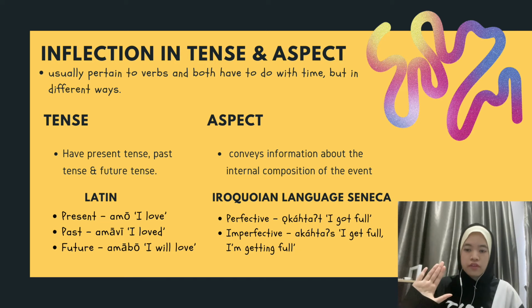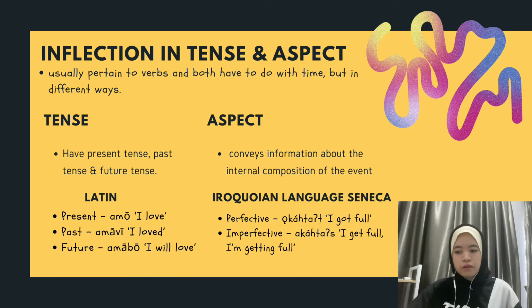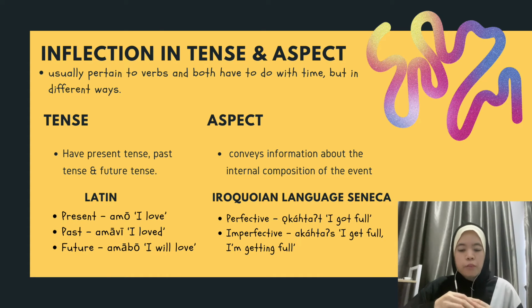For the 5th inflection, which is inflection in tense and aspect, this inflection pertains to verbs, and both have to do with time but in different ways. Tense refers to the point in time of an event in relation to another point, and generally the point at which the speaker is speaking.